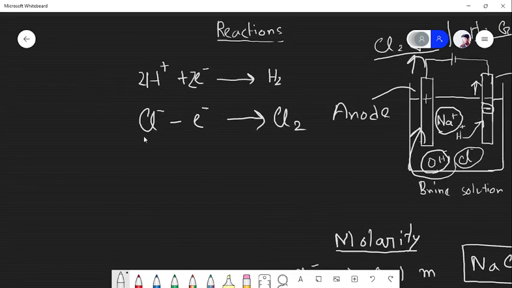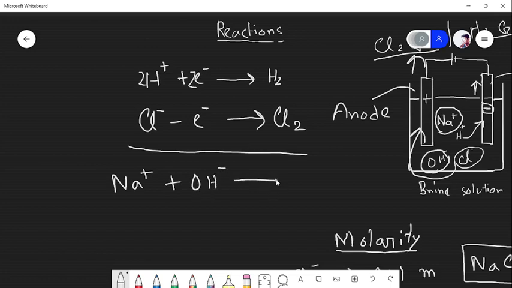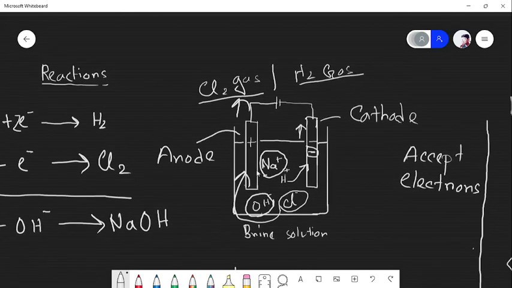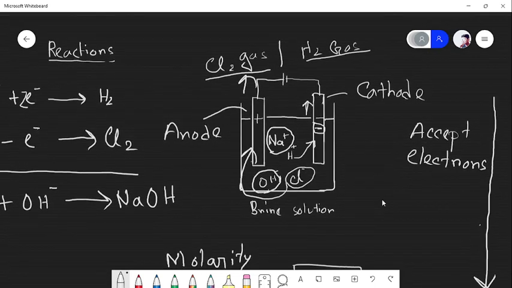So these two will form a bond between themselves and become, let me wrap this up, sodium hydroxide. That is what happens in a concentrated solution, or the aqueous solution of sodium chloride. This solution is also famous as the brine solution.